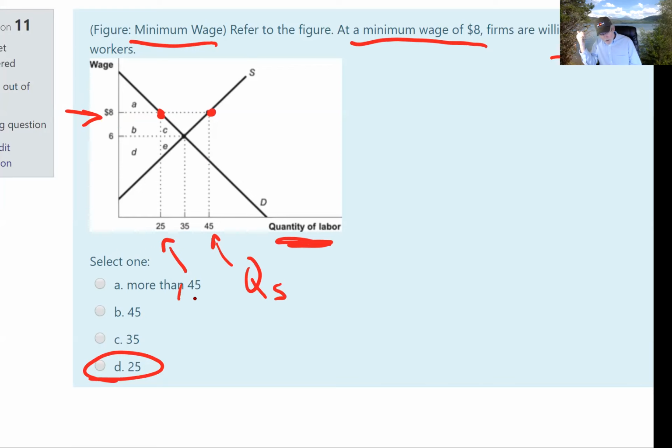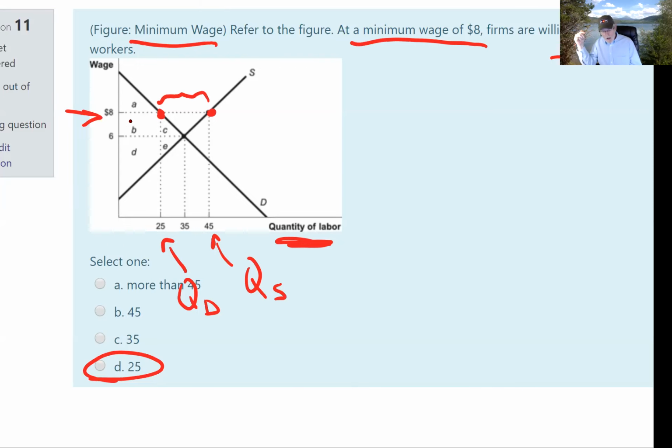The quantity demanded would be only 25. So here, given these numbers, we could say, what does that gap represent? That gap represents the number of workers who will be unemployed, who will not be able to find a job given the minimum wage of $8.